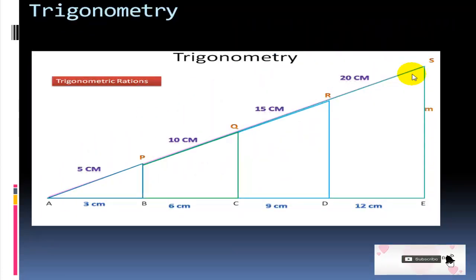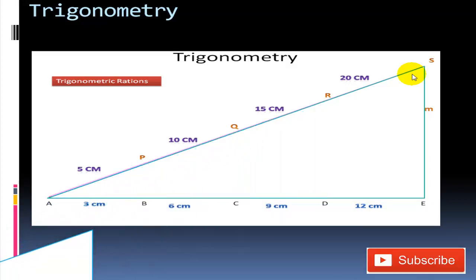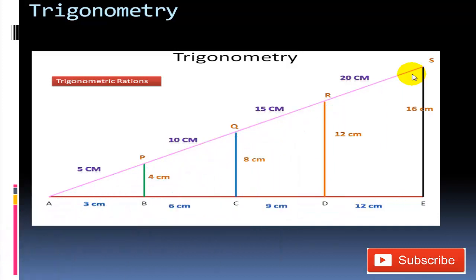In this activity, when we observe right angle triangles ABP, ACQ, ADR and AES, angle A is common and angle B, angle C, angle D and angle E are right angles, and angle P, angle Q, angle R and angle S are also equal.